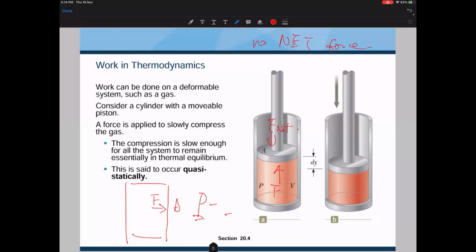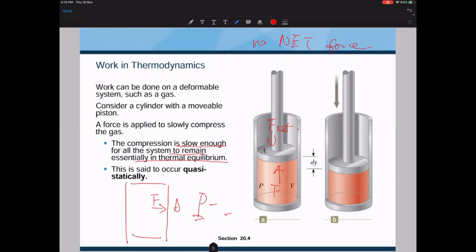But we are usually considering the compression is slow. So the system would remain basically in thermal equilibrium. If you do it very fast, the system may not be in thermal equilibrium. So typically, when we are considering the work done in thermodynamics, we try to keep the system in thermal equilibrium. And when that occurs, it means the gas is being compressed slowly, at least in terms of the energy transfer.